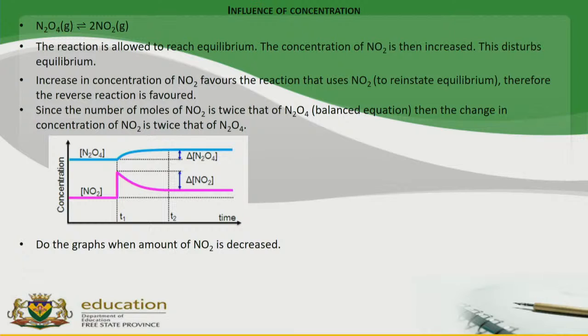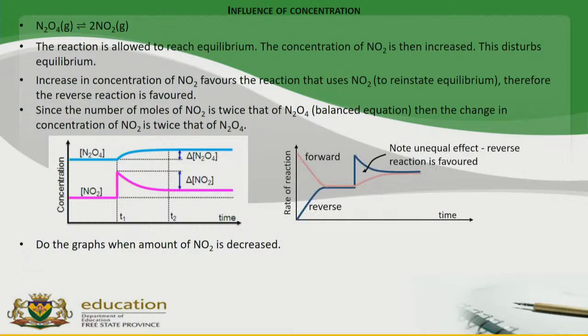Now, you might also be expected to draw the graph of the rate of reaction versus time. In this case, what you do there, you say, okay, now we are at equilibrium, where the rate of the reverse reaction equals the rate of the forward reaction. Now at equilibrium, the concentration of NO2 was increased. What do you know about the relationship between concentration and rate?